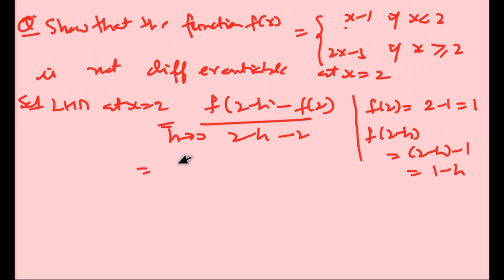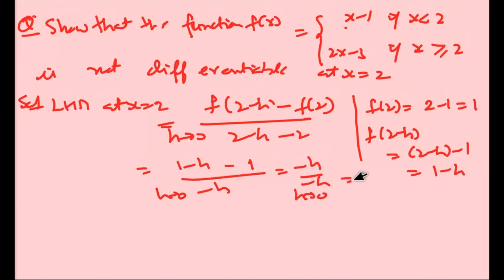Now putting here 1 minus h minus 1, upon minus h, that is minus h upon minus h, that is equal to 1. Okay, so we are finding that LHD is 1.